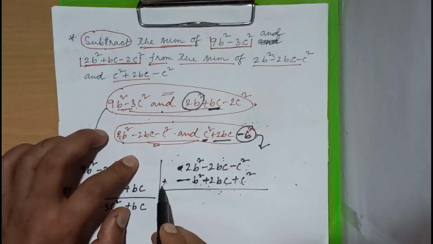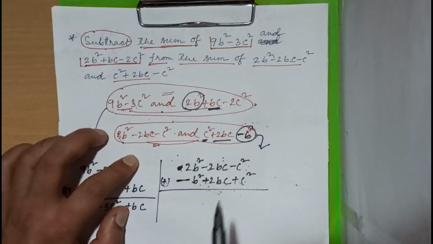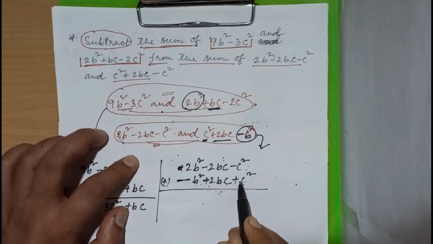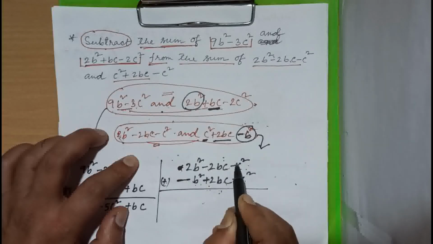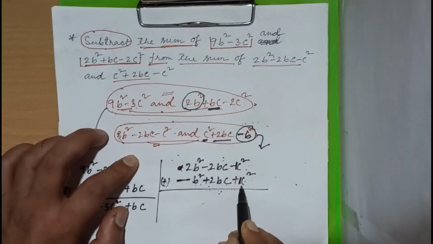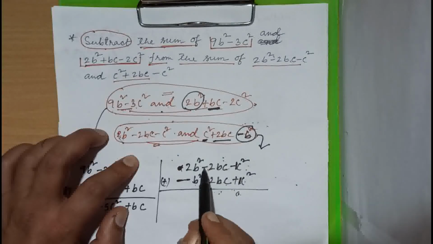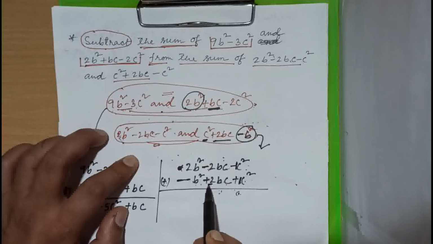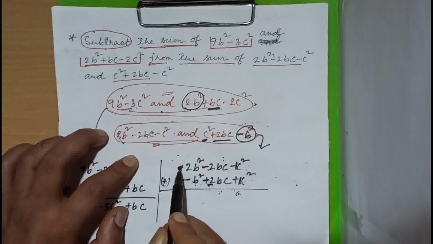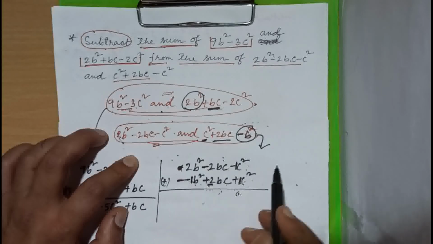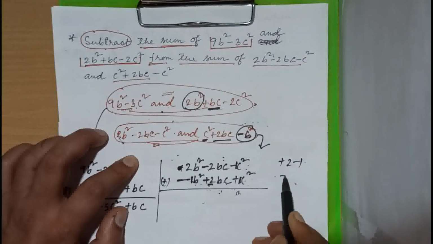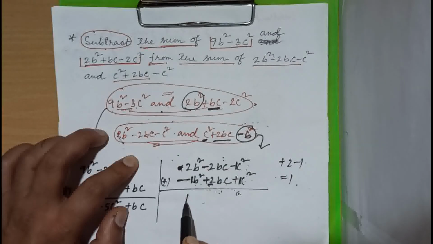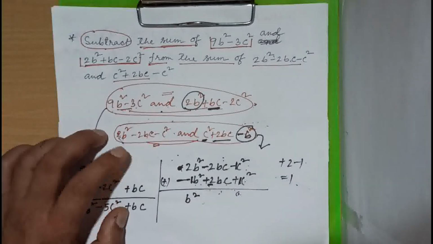We'll add, so if you add there will be no change of sign. Now this is minus 1 and this is plus 1. Minus 1 plus 1 will give you 0, so no need to write anything. Similarly this is minus 2 and this is plus 2, so this is also going to give you 0. At last this is plus 2 and this is minus 1, plus 2 minus 1, which will give you 1. So ultimately we got the answer b square.